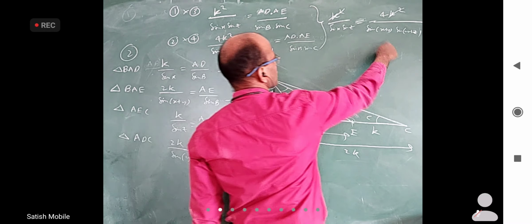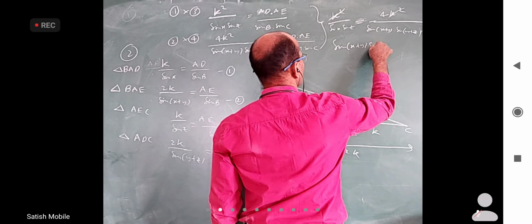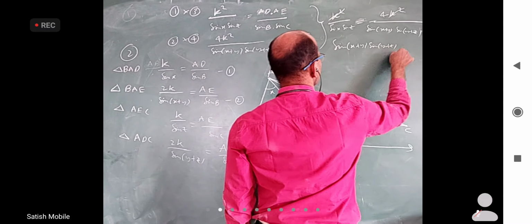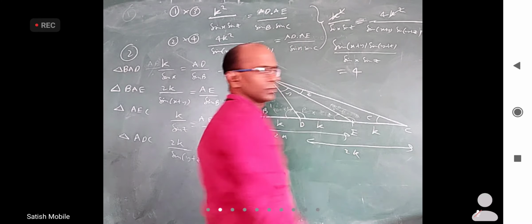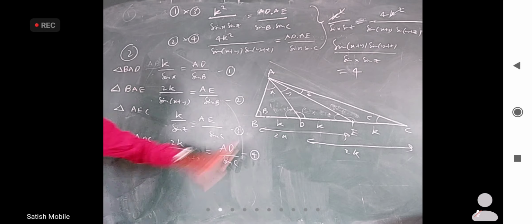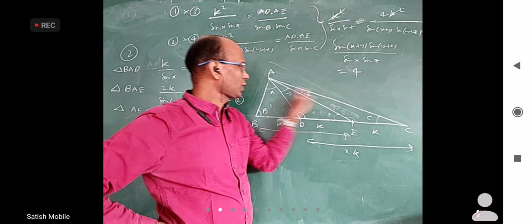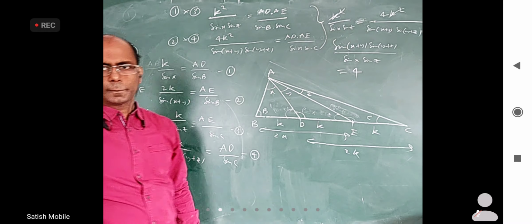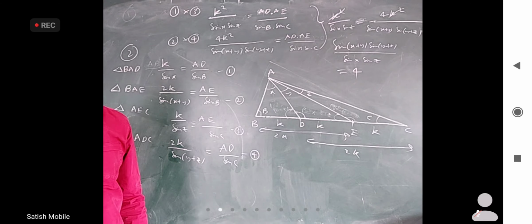Then we'll get sin x plus y into sin y plus z by sin x into sin z is 4. Okay, so we applied sine rule in this one small triangle, and then in this triangle, then in this small triangle, and in this triangle. Is everybody clear? Second one? Okay.